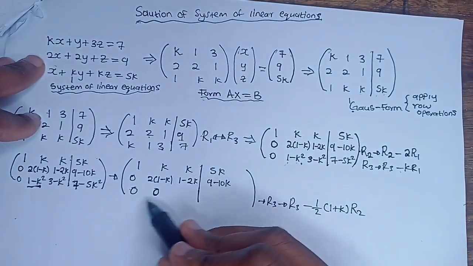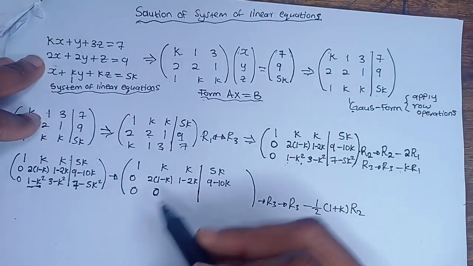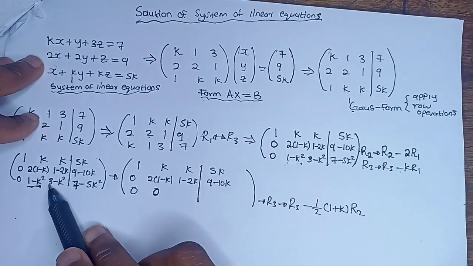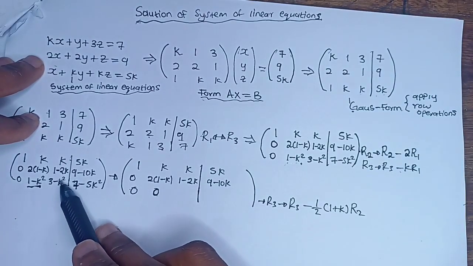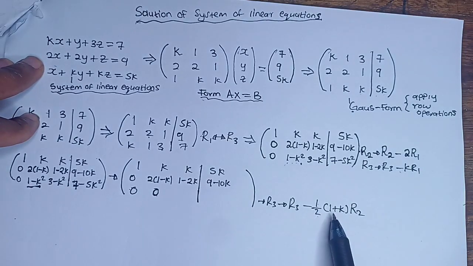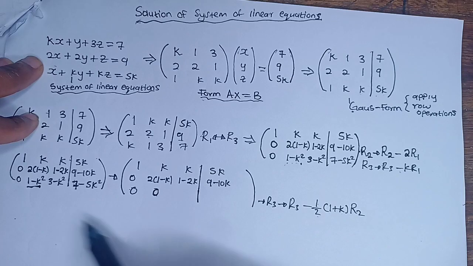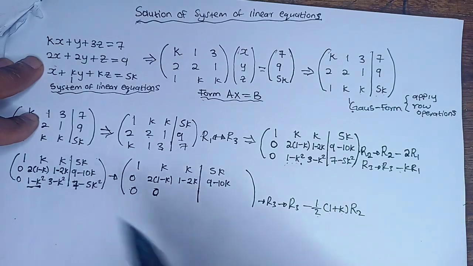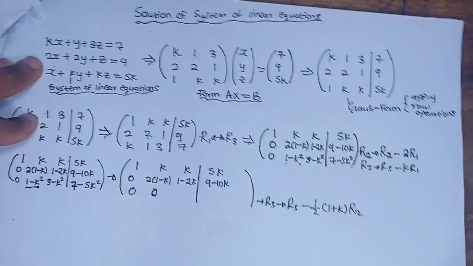So this will be 0, 0. For this part, I have 3 minus k squared minus 1 over 2 times 1 plus k multiplied by 1 minus 2k. So I'll just have to simplify that.